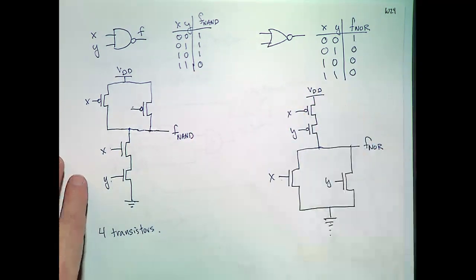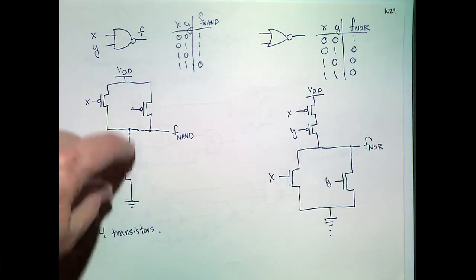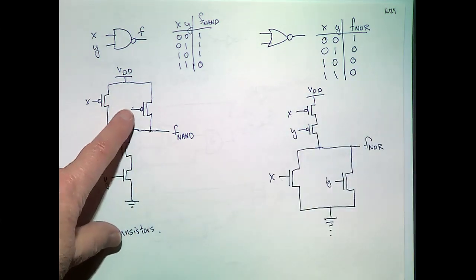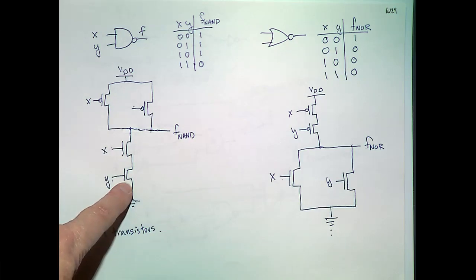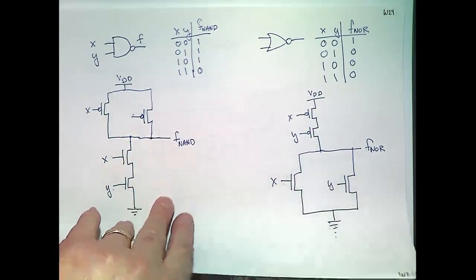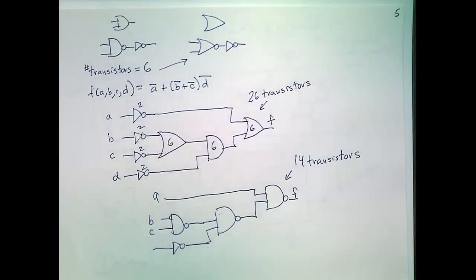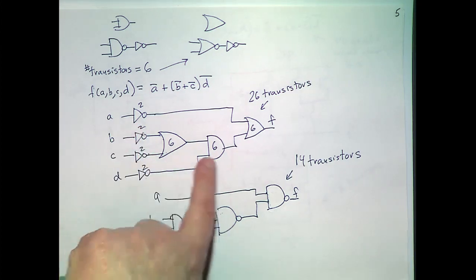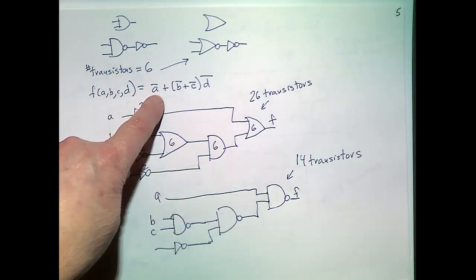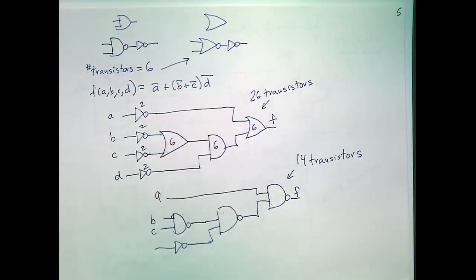And we built an OR gate. Again, notice how they kind of switched. Here we have parallel connections, here we have them in series, and here's the opposite. Then we talked about, well, let's say we were implementing a Boolean function. You did that by drawing a logic network. So you might have drawn this logic network where you directly implemented all of the operations you see in this expression.